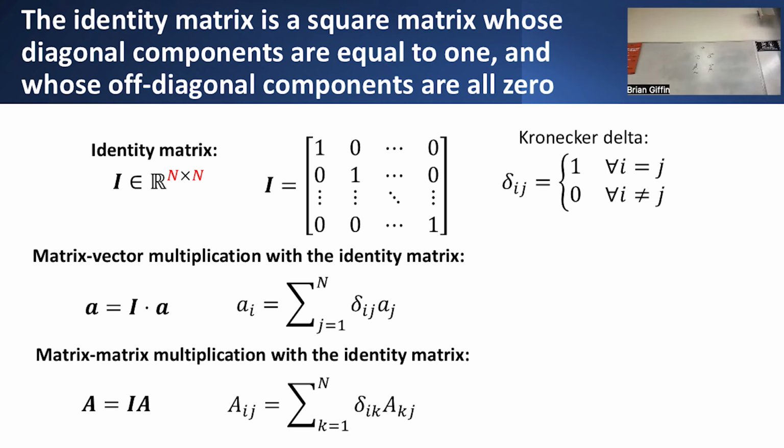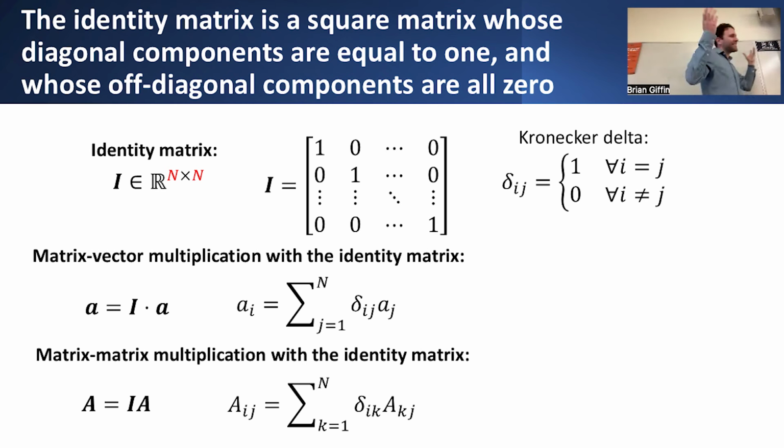If I were to write it in terms of describing its individual components, however, it's usually not the case that we say I sub ij. Typically, the identity matrix is denoted with a capital I symbol. But when we're referring to the specific components of this identity matrix, usually we reference those indices using this funky delta symbol, sometimes called the Kronecker delta.